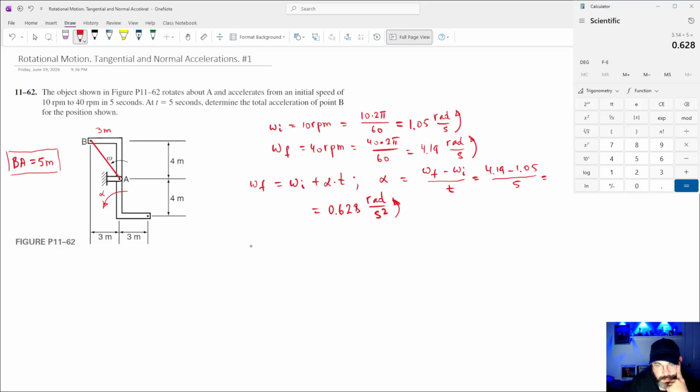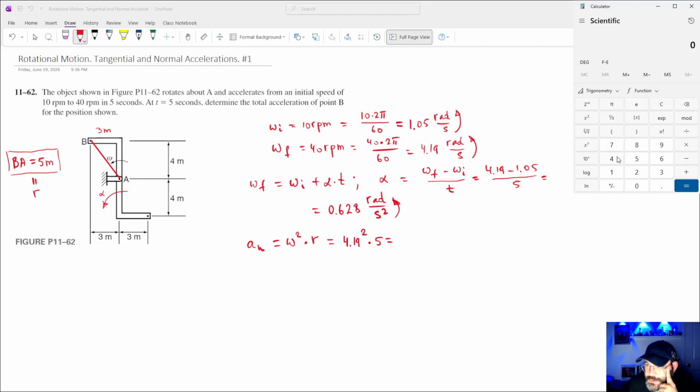Okay, so our normal component, the magnitude of the normal component, is equal to omega squared multiplied by the radius. And this is equal to omega squared, so this is that final velocity after 5 seconds, 4.19 squared, multiplied by the radius, which is 5.